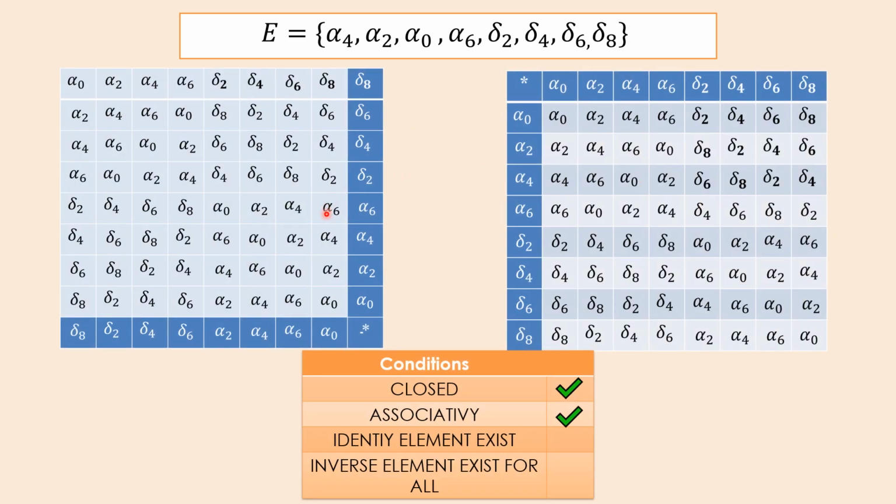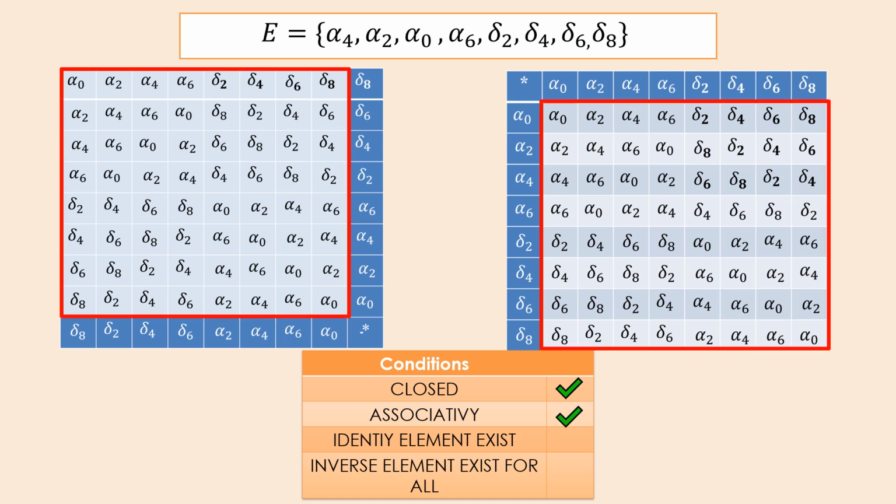After interchanging columns and flipping the table, the results are still identical to the original table. That indicates that our table is associative.